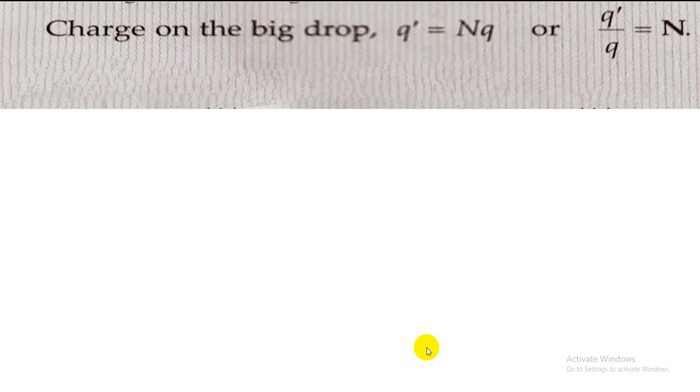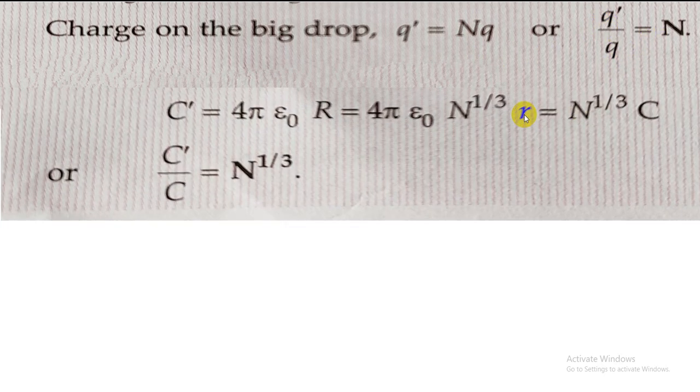So now the charge on the bigger drop: the smaller drop has a charge small q, and n number of drops were there, so the bigger drop will have charge n into q. So the first question was to find the ratio of their charges, that is q dash upon q, which is equal to n. Now second, the ratio of their capacitance.